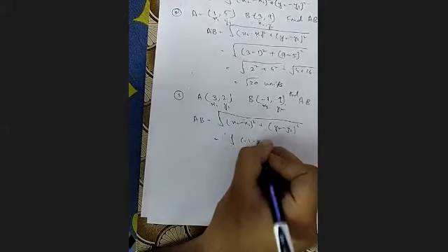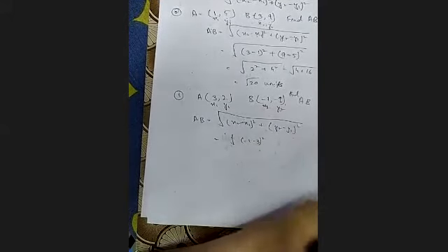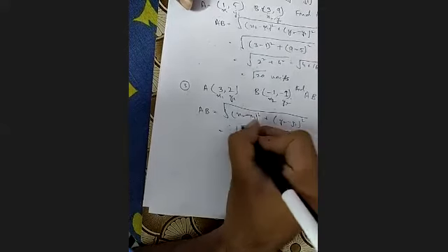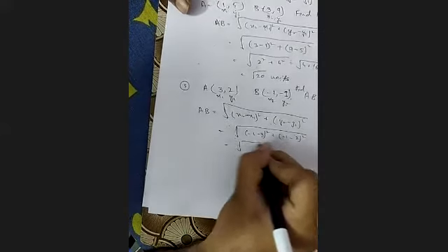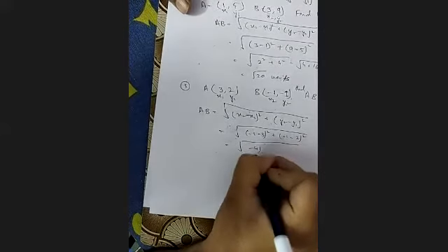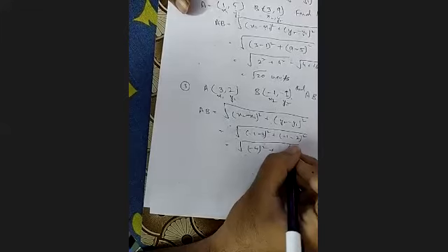So minus 1 minus 3 will be minus 4. Plus, what is y2? y2 is nothing but minus 1, and y1 is nothing but 2. So minus 1 minus 2 will be minus 3.